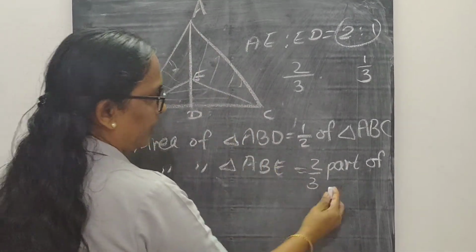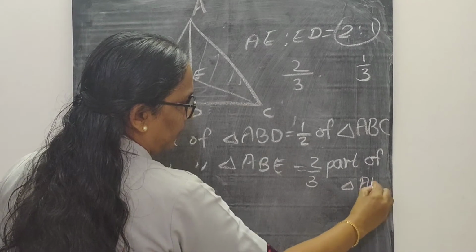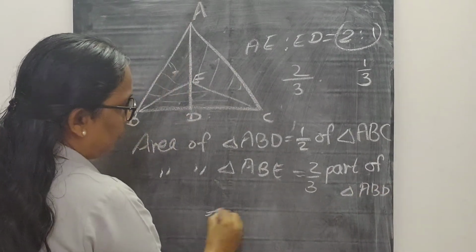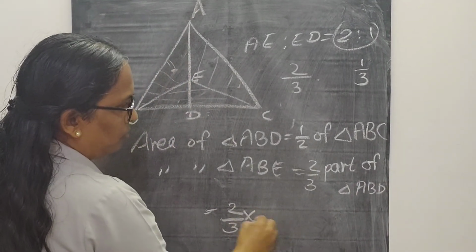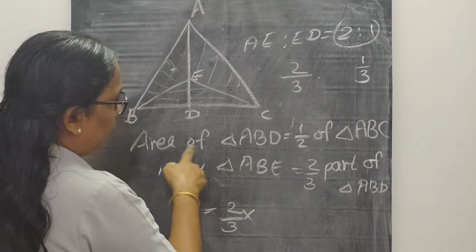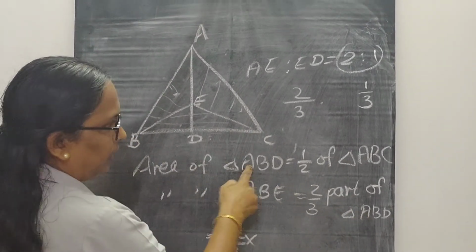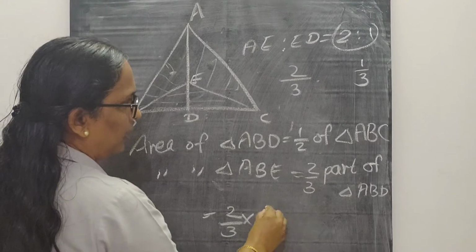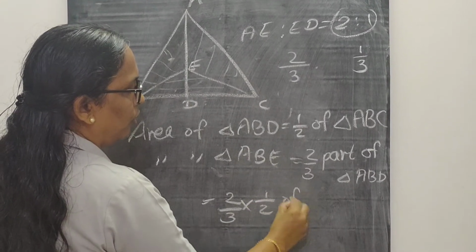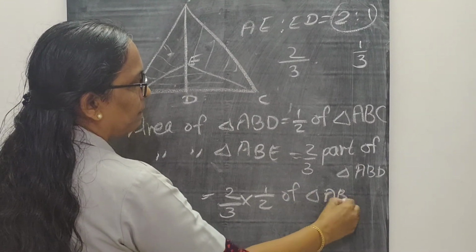What is ABD? The area of ABE is 2/3 into the area of ABD, and the area of ABD is 1/2 of triangle ABC.